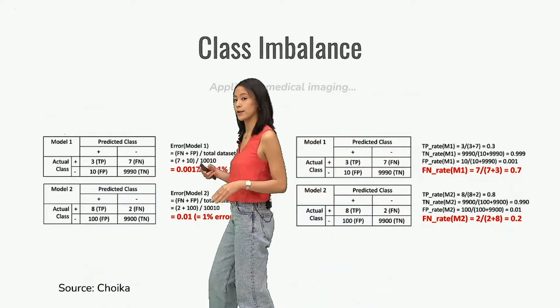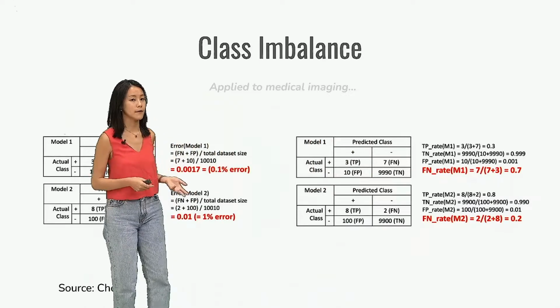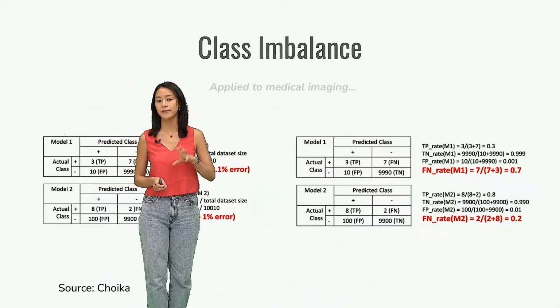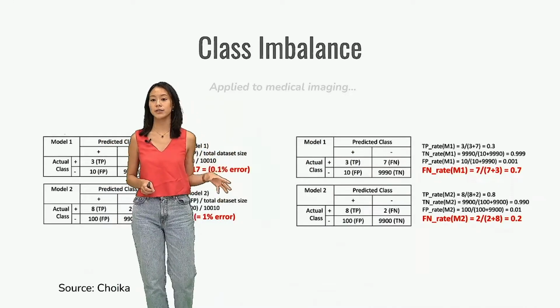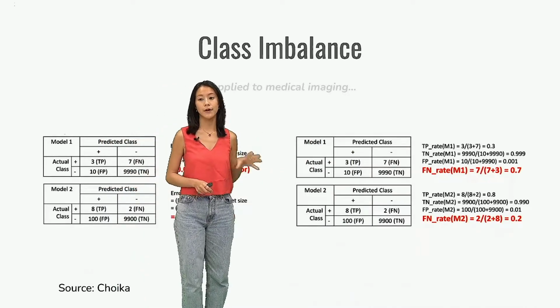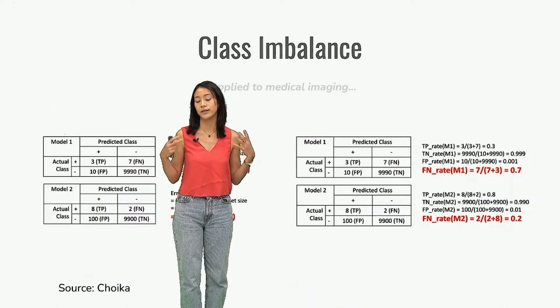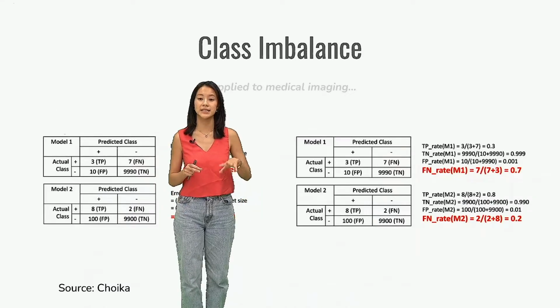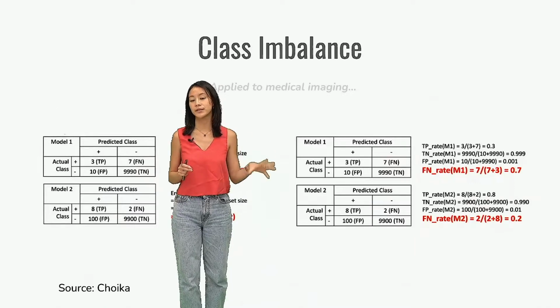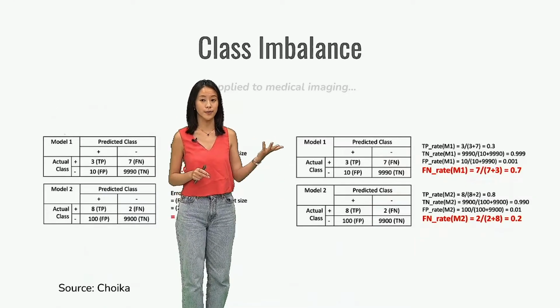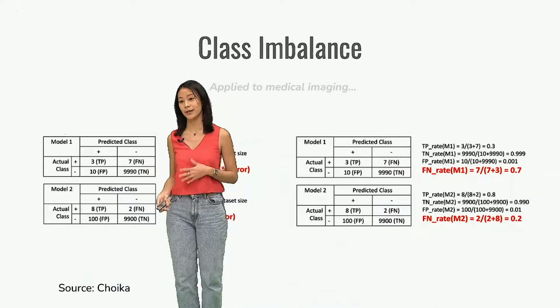Versus, for example, if we look at this other side of interpreting this information, if we looked at false positive, true positive, and false negative rates, what we'll notice is that our false negative rate for model 2 is a lot lower, because of all the truly positive patients, or of all the patients with tumors, they were only predicting 2 wrong, which gives us a 20% incorrect rate, which obviously is a lot lower than our model 1, which actually aligns with our original hypothesis.